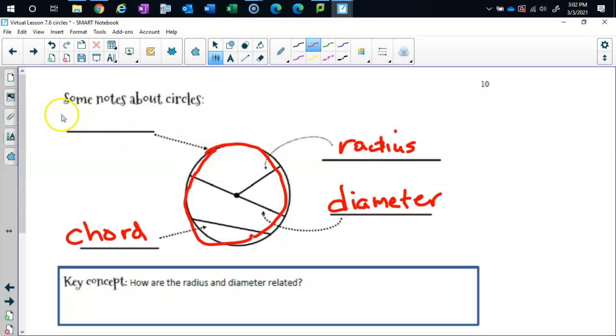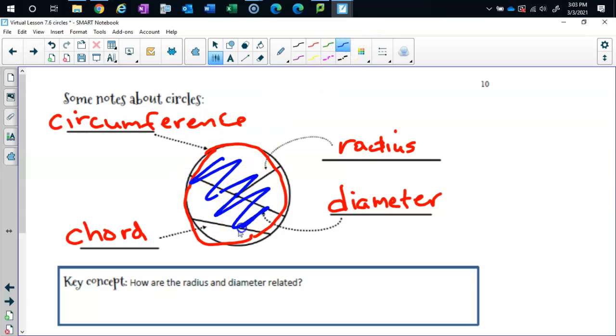The perimeter of a circle is called the circumference. Okay, that's the circumference. Then, if I shade this in like this, that's the area. Okay, circumference is the edge, area is the middle part.